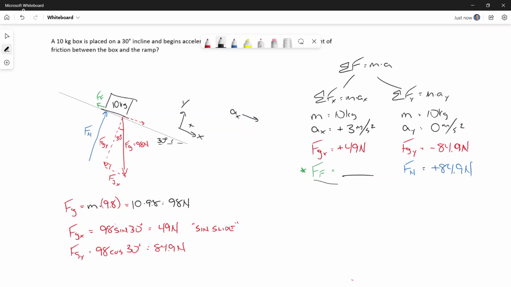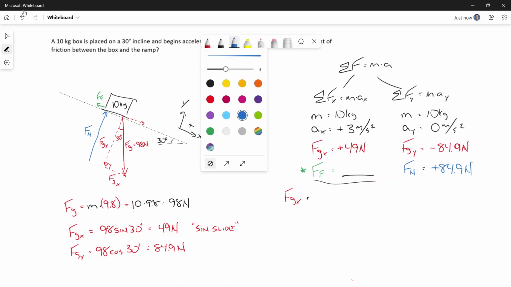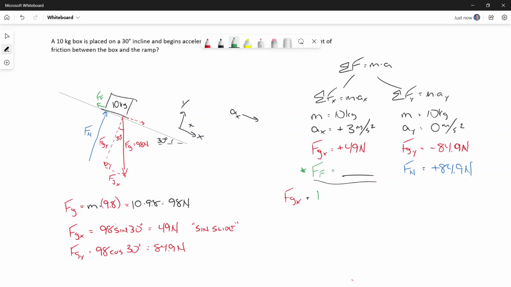Well, this is where Newton's second law comes into play. We know that the sum of the forces acting in the x direction, Fg plus friction, has to equal the mass times the acceleration in the x. And gravity is 49 newtons. Friction is what we don't know. We need to find friction if we want to get to mu.